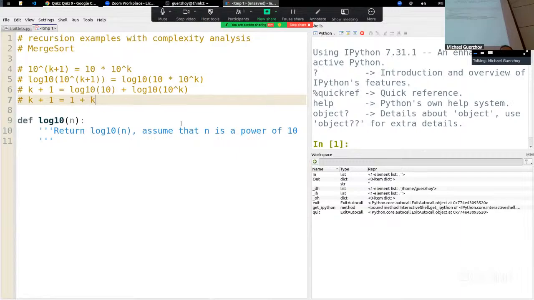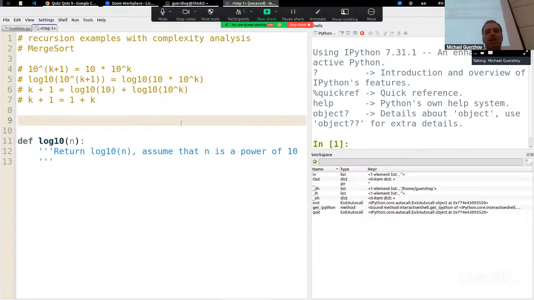So from that, what can we say? Well, we can say that log 10 of n would be 1 plus log 10 of n divided by 10. Does that make sense?